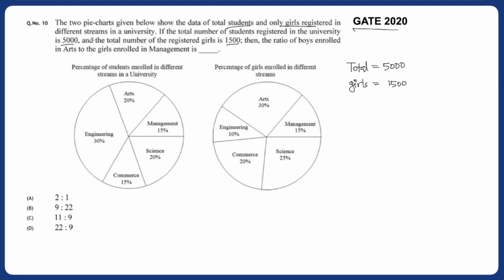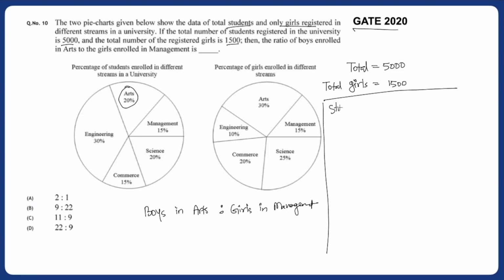And what you have to find out is the ratio of boys enrolled in arts, so boys in arts, to the girls enrolled in management, so girls in management. Alright, so let's first find out how many students are there in arts. We'll do it one by one. So first thing I'm going to do is students in arts.